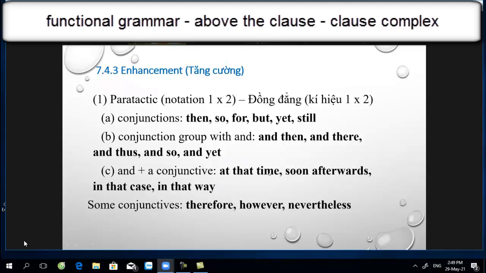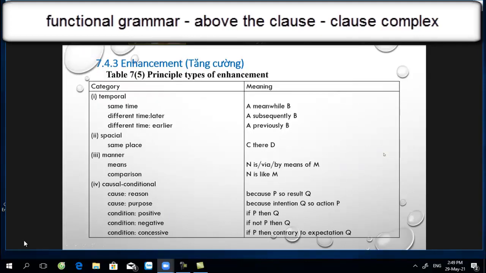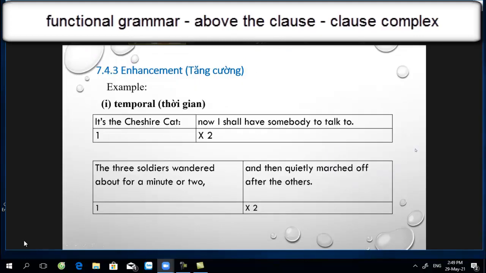And at that time, soon afterwards, in that case, in that way, and other conjunctives like therefore, however, nevertheless. And now we come to the table, principal types of enhancement. They have listed all the principal types, and here is their meaning. And now the example about the temporal, thời gian. Mr. Vinh, can you call another one, please?